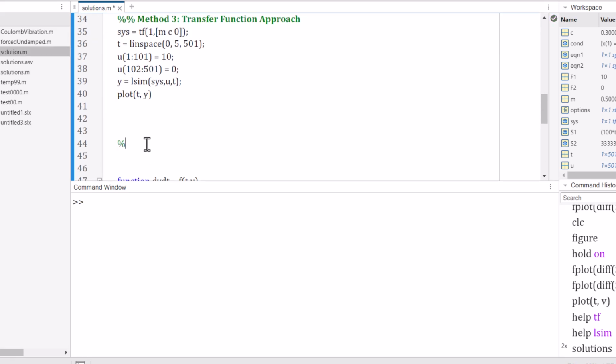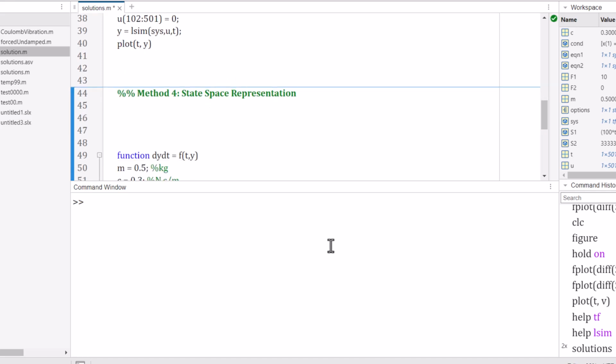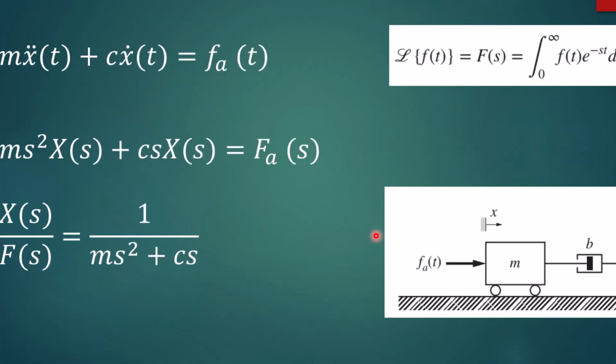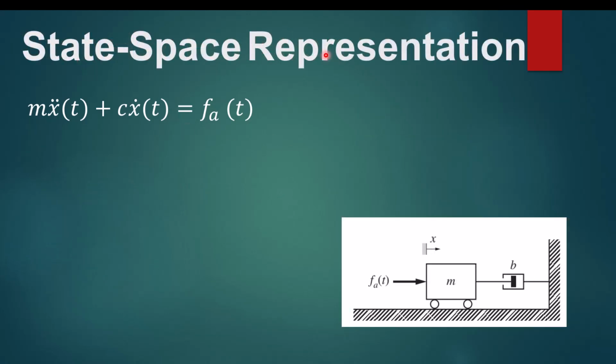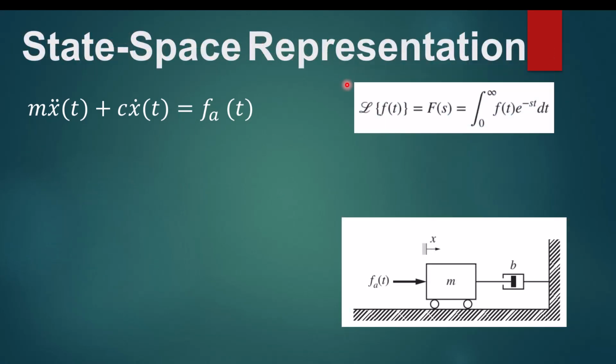Let's go on to method 4. State space representation. And I want to take a moment and talk about how to define this differential equation as a state space representation.